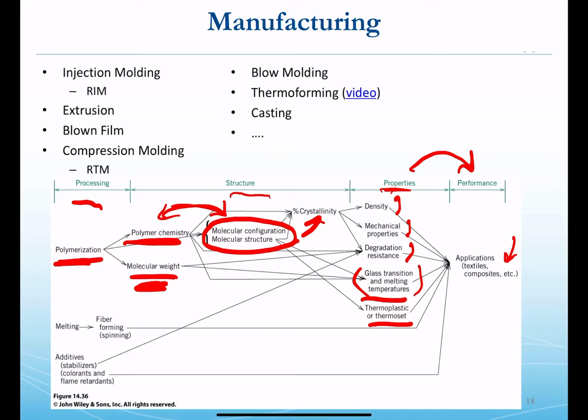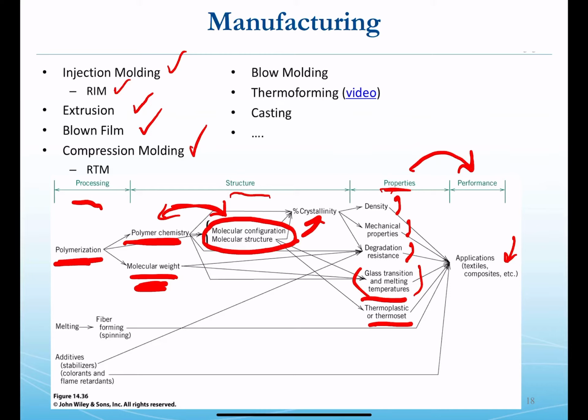Okay, so what are the common manufacturing approaches? There is injection molding, or even reactive injection molding if you have to handle thermosets. There's extrusion, where molten material comes out of a die. We'll see that. You can flow the material and expand it with gas to do blown film forming processes.